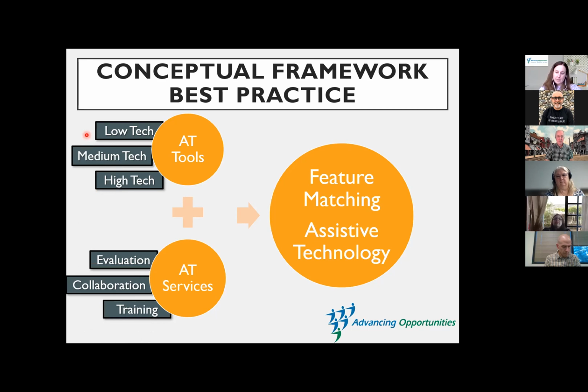Like right now, my laptop is propped up on a little monitor stand so that you can see my face instead of the top of my head. We also consider different services that might be available to a person, whether they need a full evaluation or just some consultation, training, and tips. With all those ideas together, we come to feature matching, where we try to find the best device and also plan for a person.